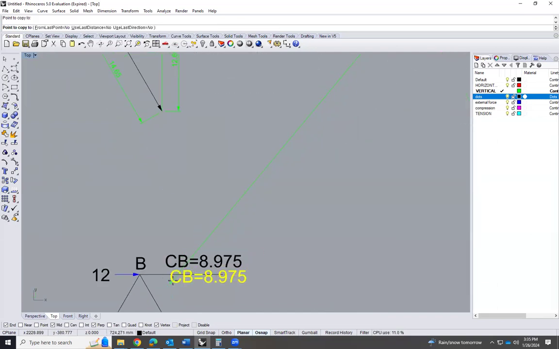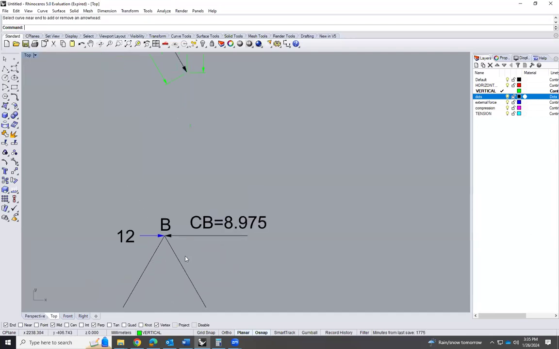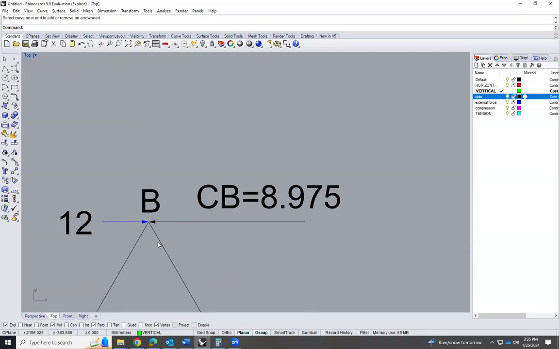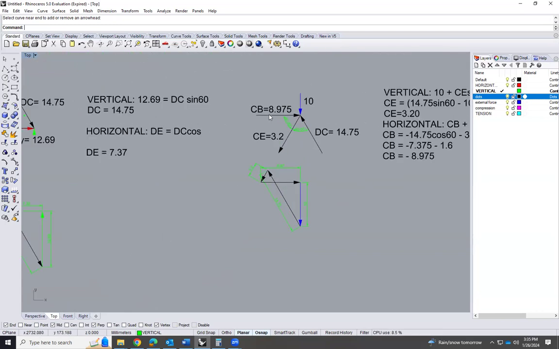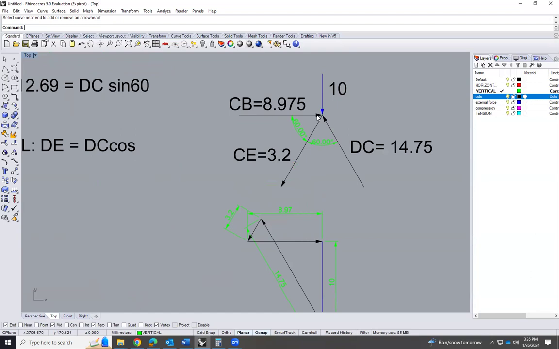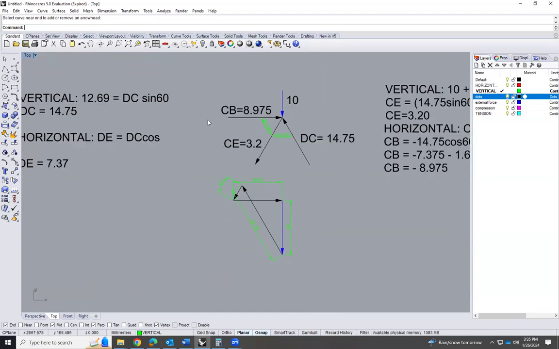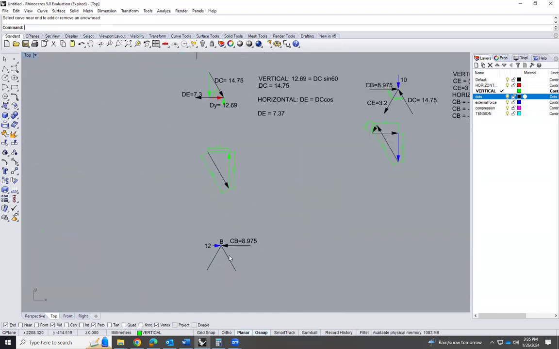So the arrowhead is like this. Okay, and why is it going towards point B? Because in this case, it goes towards point C. Okay, if we are analyzing this point, the vector goes in this direction. If we are analyzing the other point, the vector goes in the other direction.